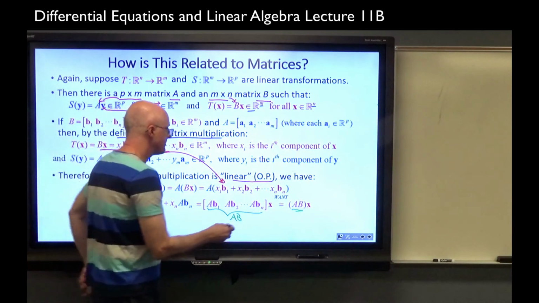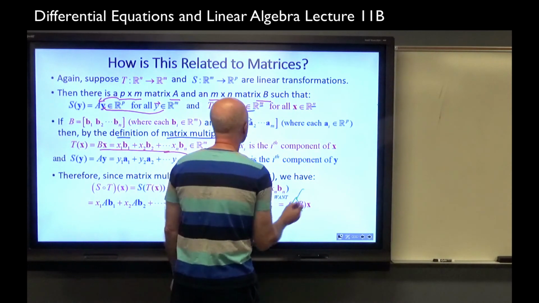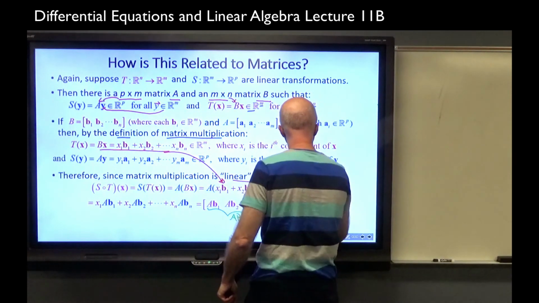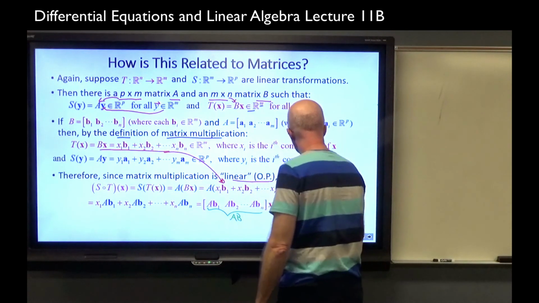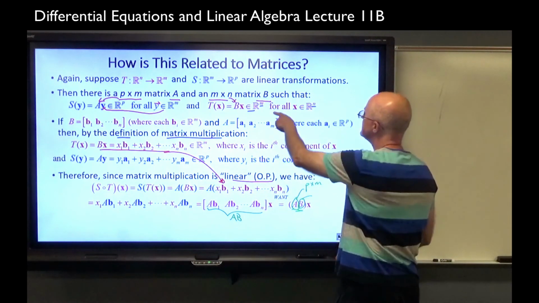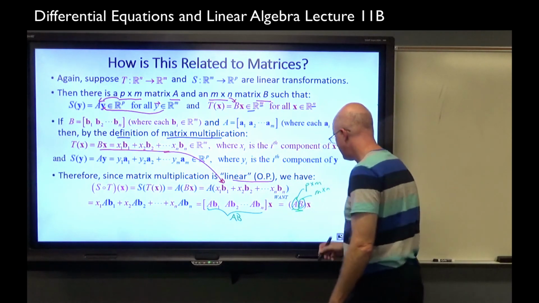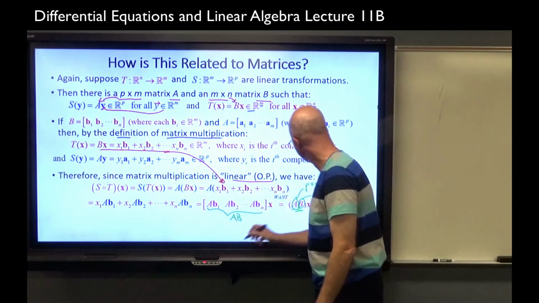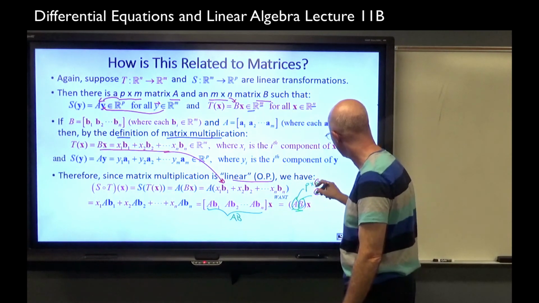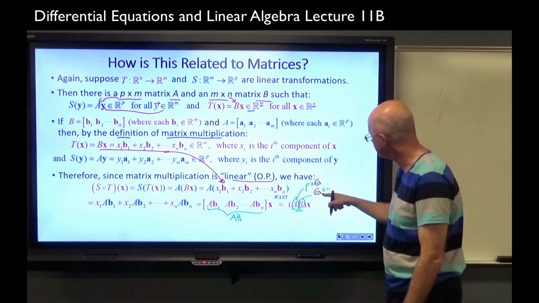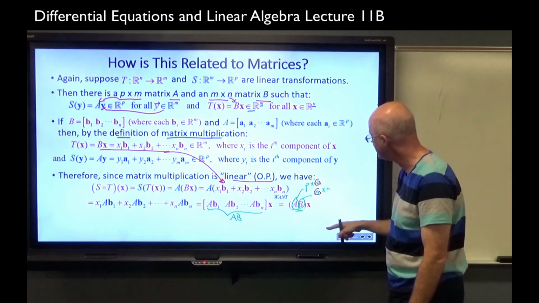And we can do the multiplication here. A, remember, is p by m. B is m by n. The inner numbers match: the matrix on the left has number of columns the same as the number of rows of the matrix on the right.